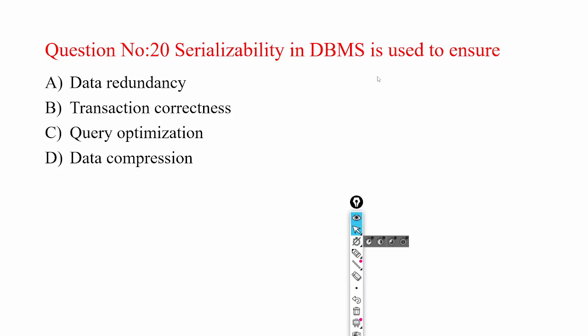Serializability in DBMS is used to ensure what? Data redundancy, transaction correctness, query optimization, data compression. The correct answer is transaction correctness. Serializability is one of the most important concepts in transaction management.